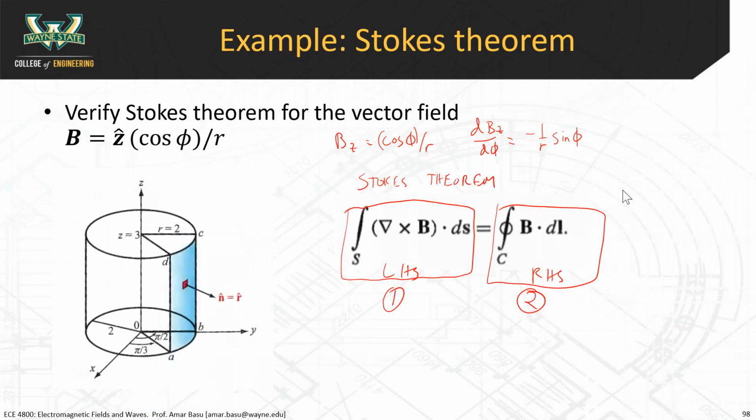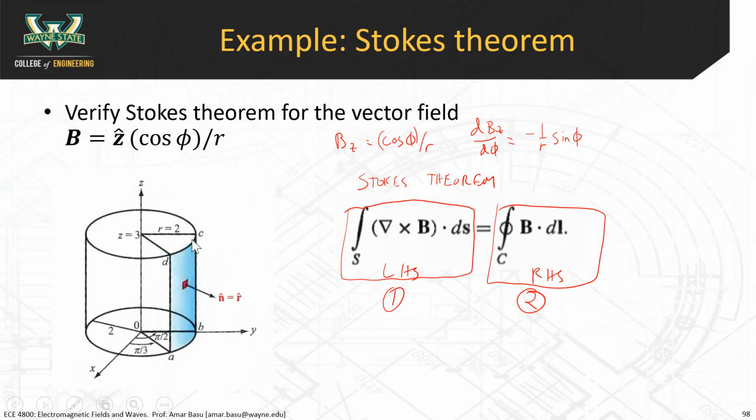If we look at what this function is, you notice that B is only in the z hat direction, and it's cosine of phi divided by r. Okay, so the vector field is pointing in the up and down direction. It's just in the vertical direction.